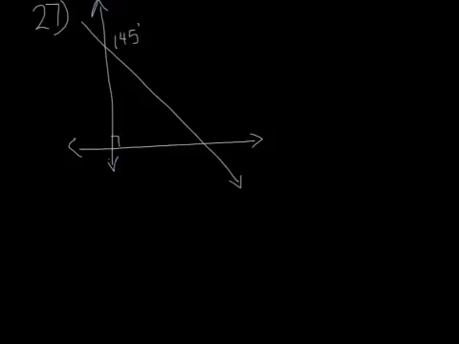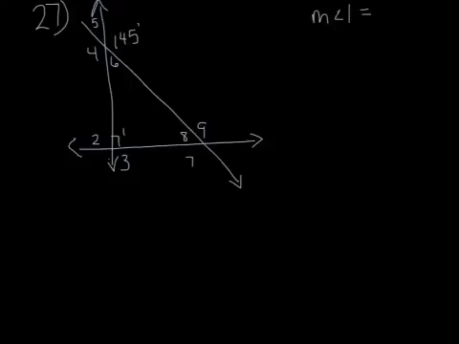Then I know it wants every angle that is numbered. 2, and this is angle 1, 3, 7, 8, and 9.